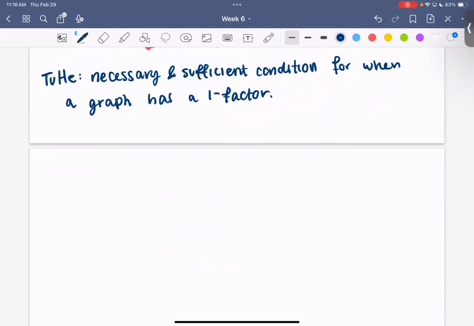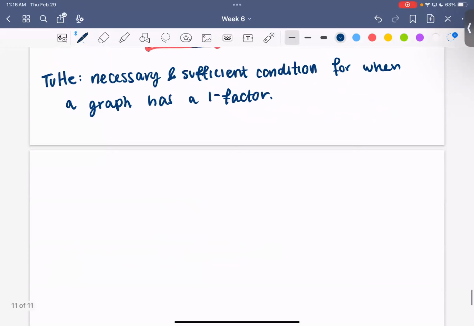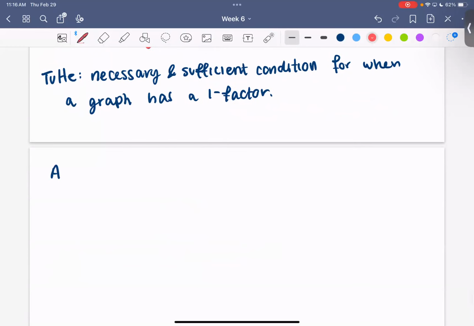Okay, so for this, I think there's just one definition. An odd component of a graph is a component with an odd number of vertices.